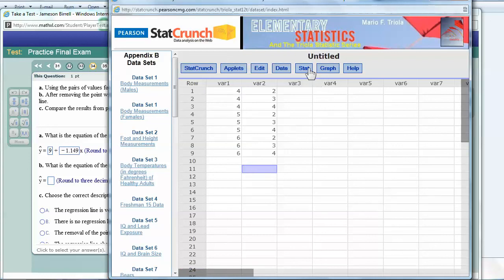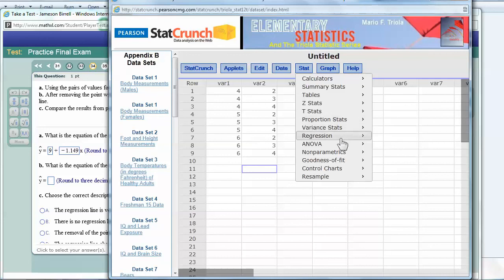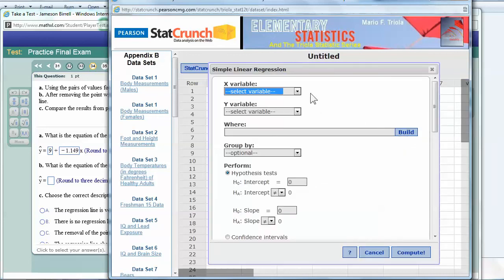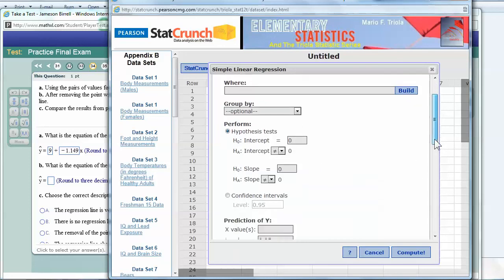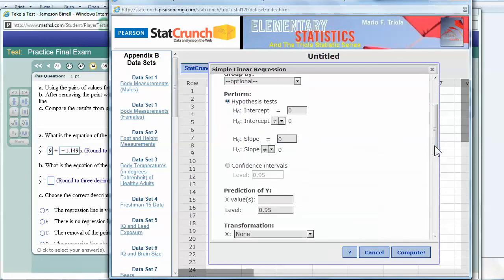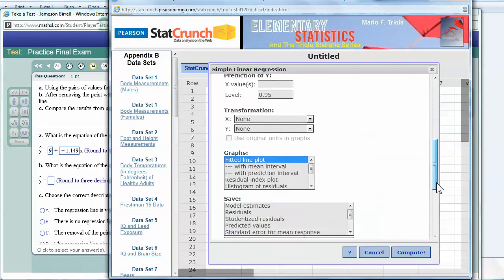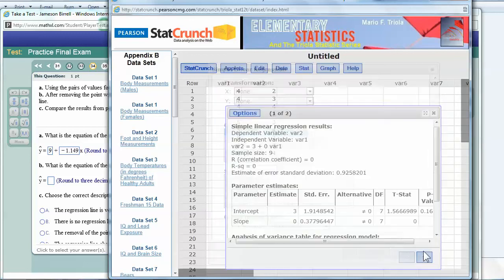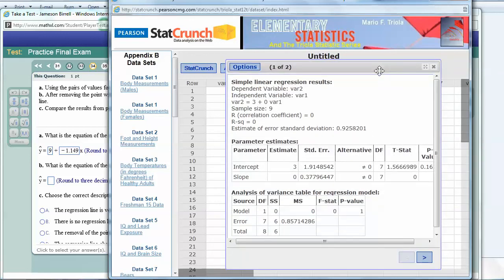Now I'm going to run stat, regression, linear, x, y. So now my line is 3 plus 0 for my slope.